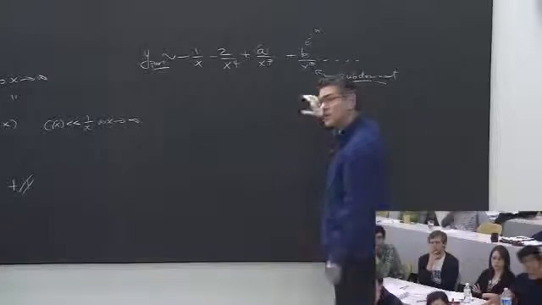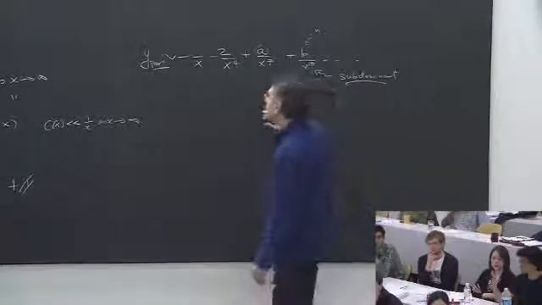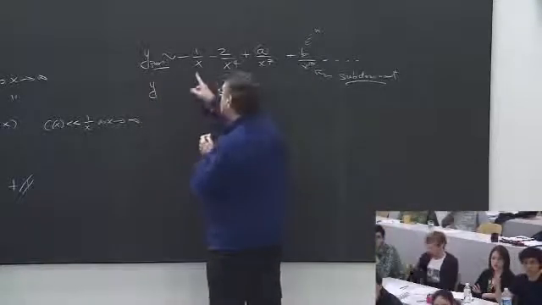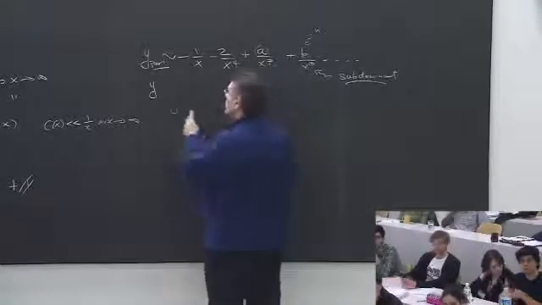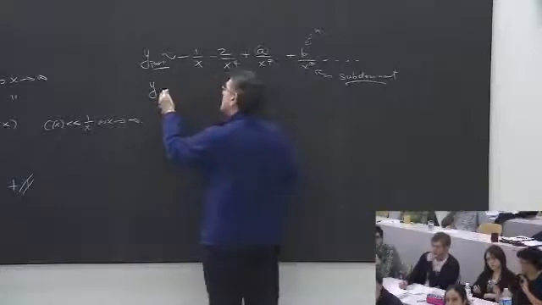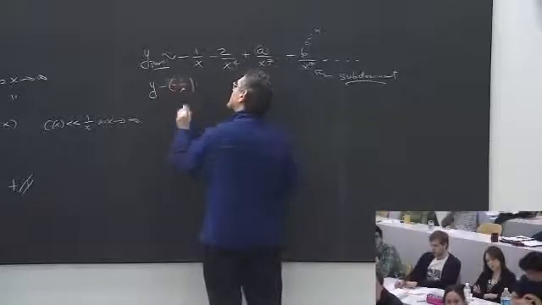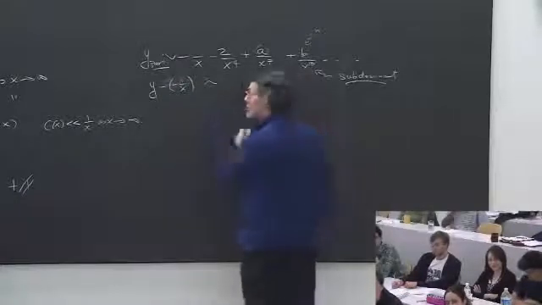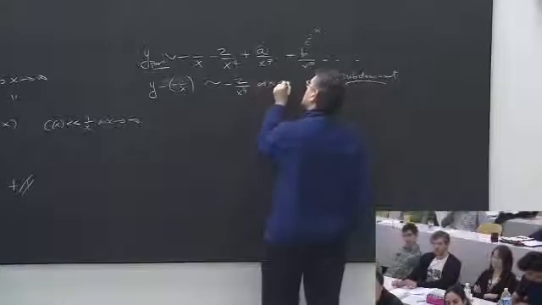The definition of an asymptotic series is that the difference between y and the first term of the series is asymptotic to the next term. So the difference between y and minus 1 over x is asymptotic to minus 2 over x to the 4th as x goes to infinity.